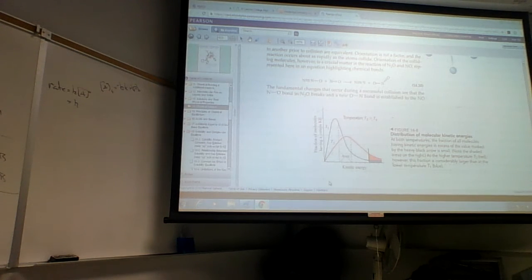And the smaller the activation energy, the bigger the population, the higher the rate. This mathematical term takes care of this curve, the Maxwell-Boltzmann distribution curve. Now, what's this other thing in front here? This A is called the frequency factor.